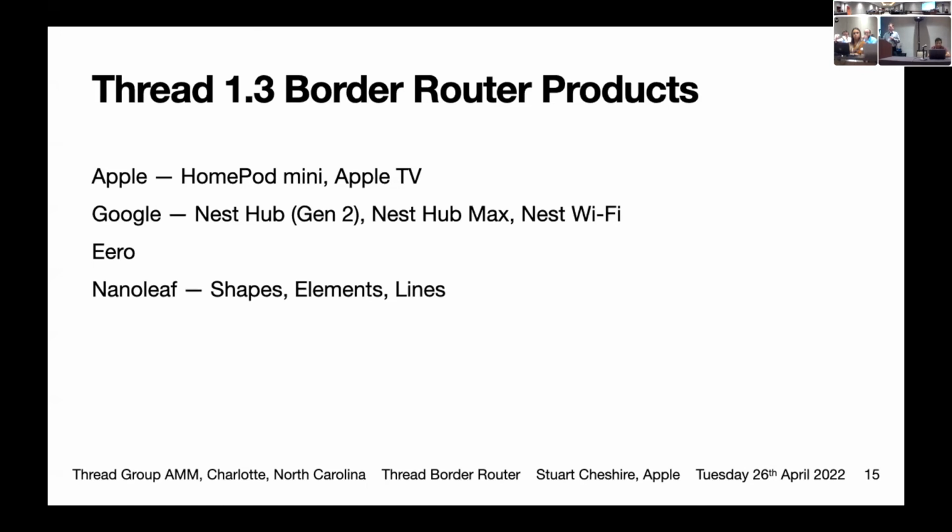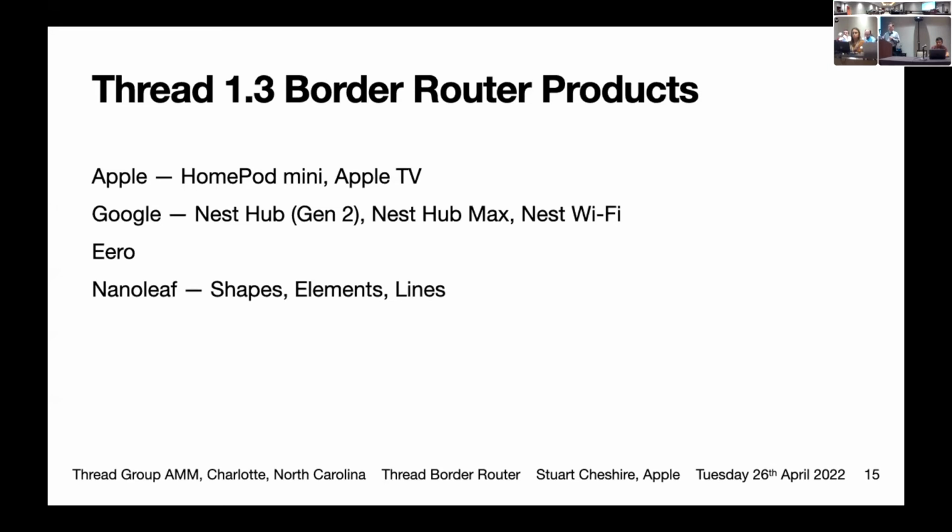And as a result of this, many customers are going to find that they have not just one, but multiple border router devices on their network. And that goes a long way to addressing this concern that you can buy a Wi-Fi device and just expect it to work, because most customers today have an access point already.